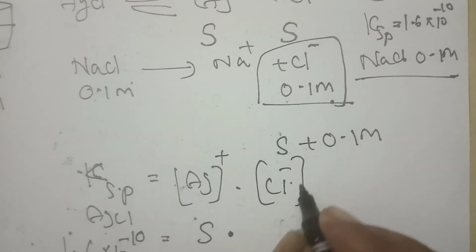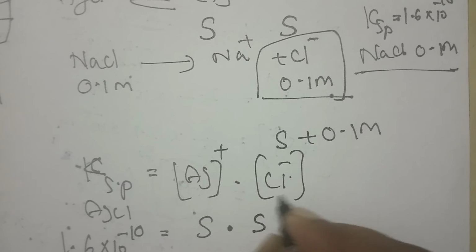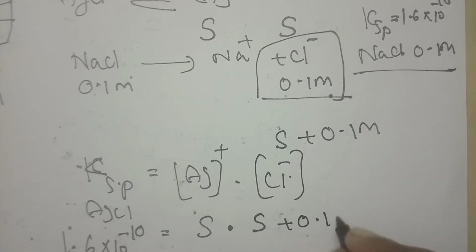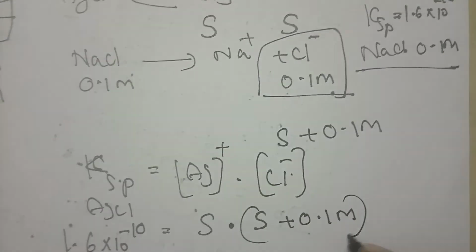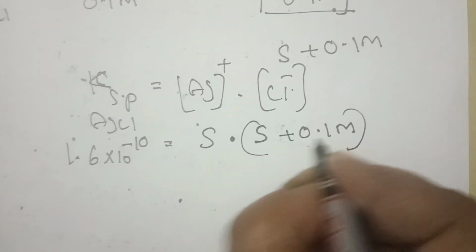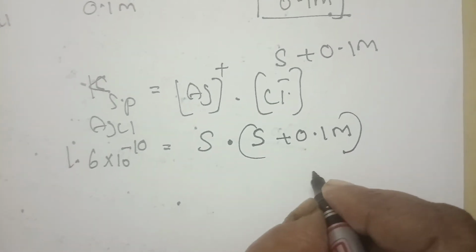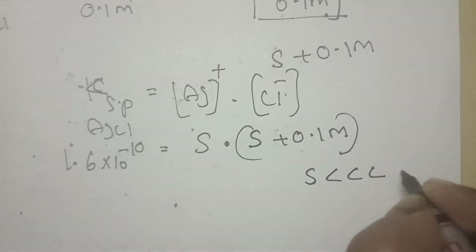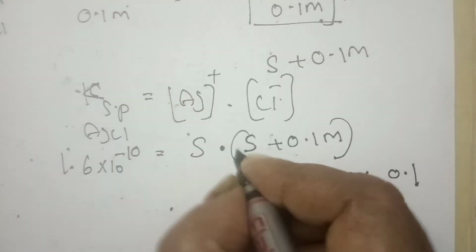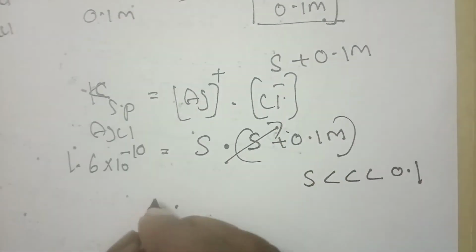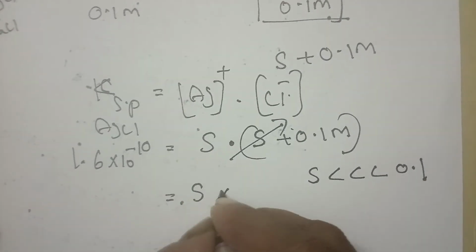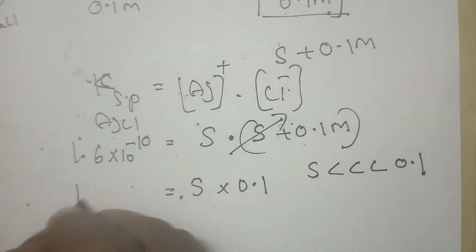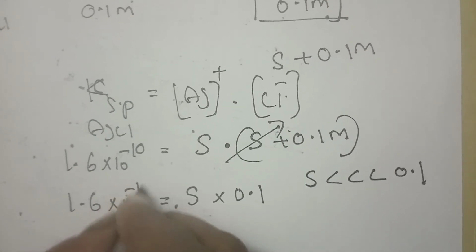The chloride is S as well as the added 0.1 m. Here the knowledge is, since S is very much lesser than 0.1, we eliminate it. So now it is S into 0.1 is equal to 1.6 into 10 power minus 10.